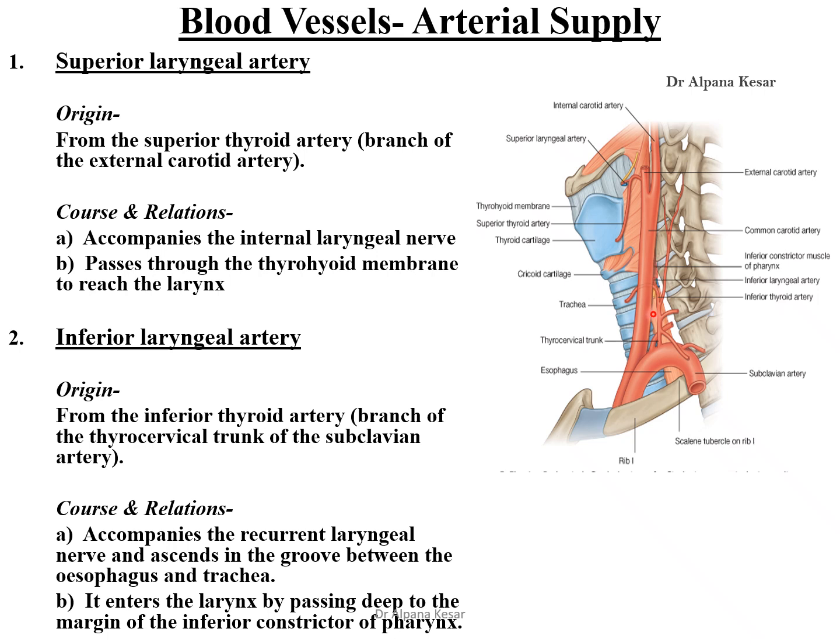Both the structures ascend in the groove between the trachea and the esophagus to reach the lower border of inferior constrictor of pharynx. Here it passes deep to reach the larynx. The inferior laryngeal artery supplies the lower part of larynx.